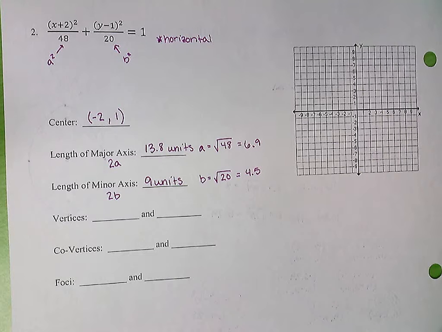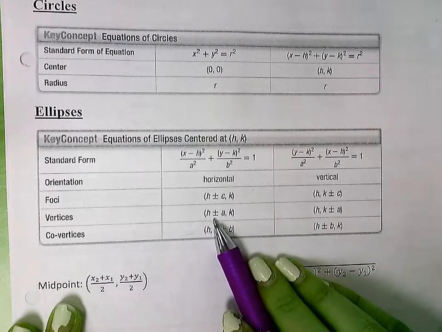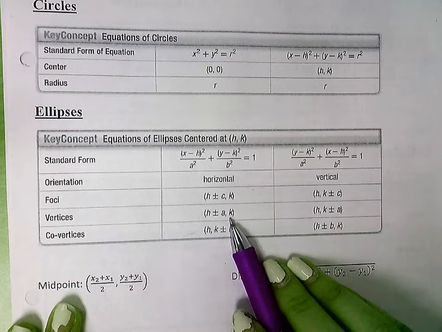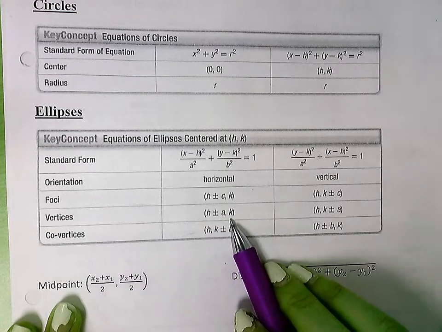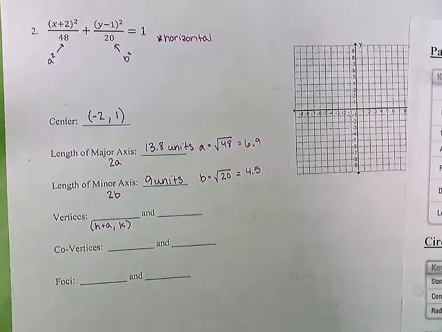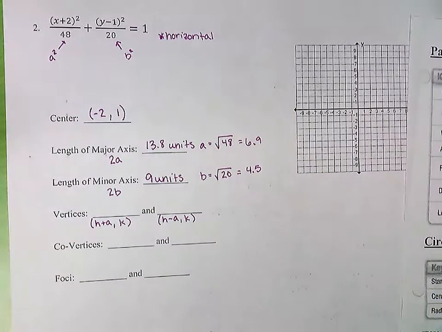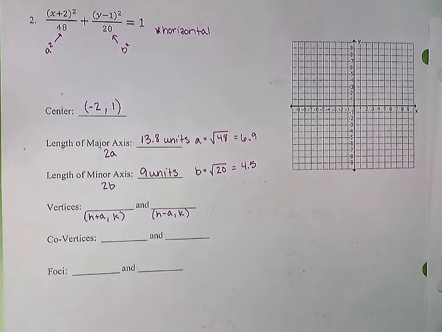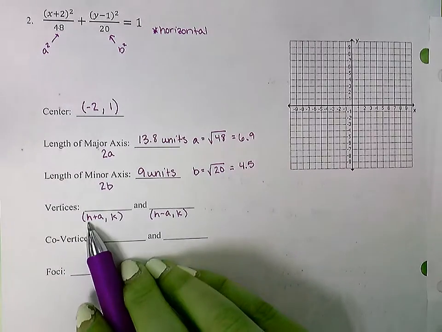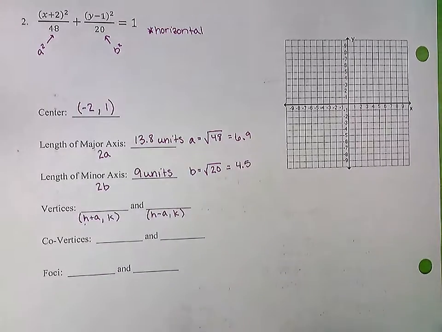Now I have the center and I found a and b. Now I want to start finding those vertices and co-vertices. Since this one is horizontal, for your vertices you're going to take h plus a, comma k, and h minus a, comma k. We take our h value, -2, and add on 6.9.